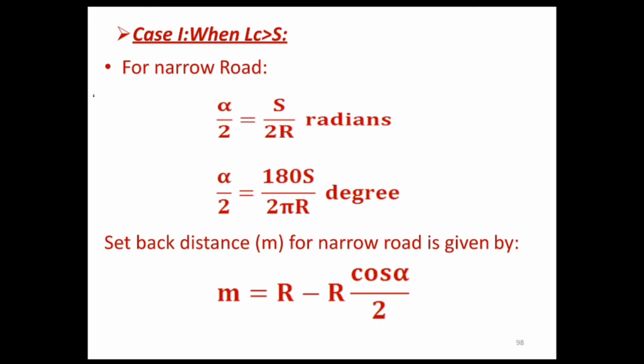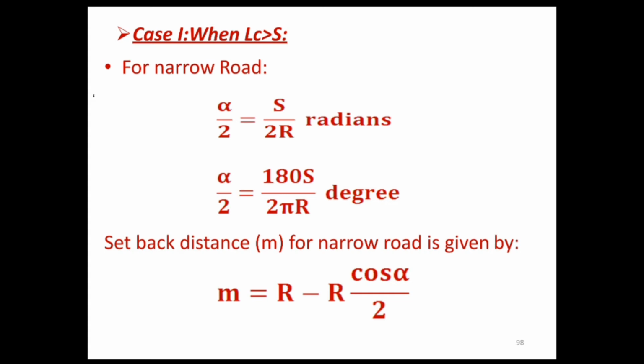For a narrow road, let the length of the curve LC be greater than the side distance S. Then the angle subtended by the arc length S at the center be alpha. On a narrow road, such as single lane roads, the side distance is measured along the center line of the road, and the angle subtended at the center alpha is equal to S upon R radians.